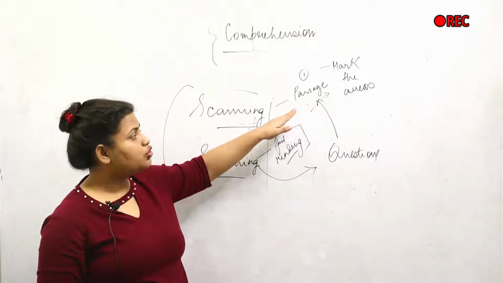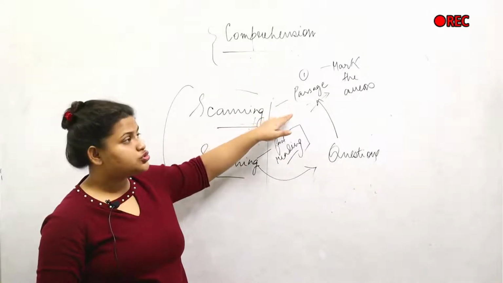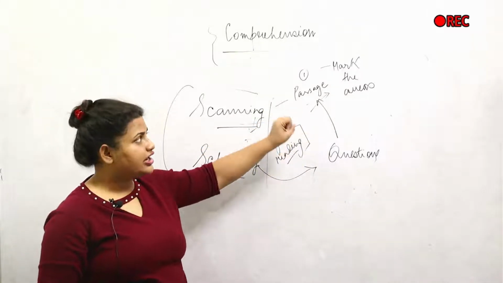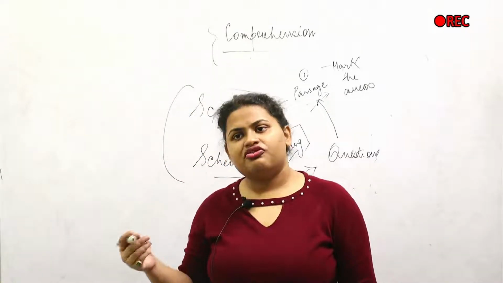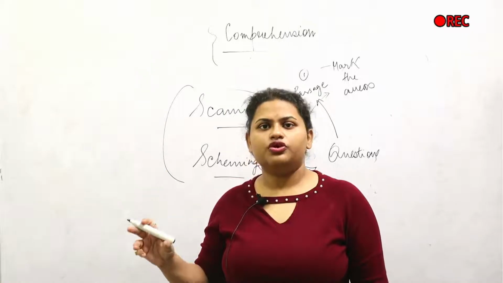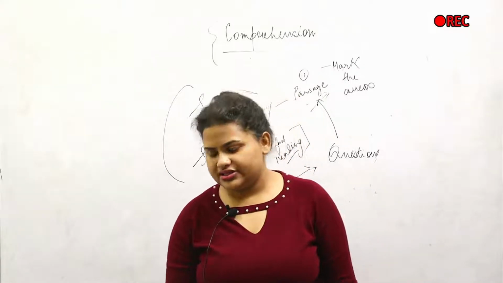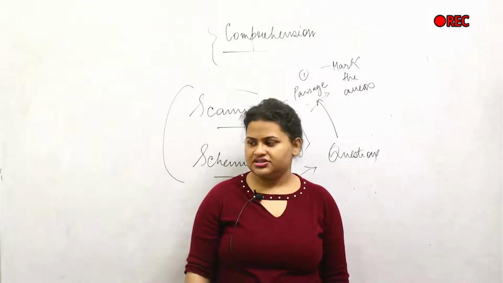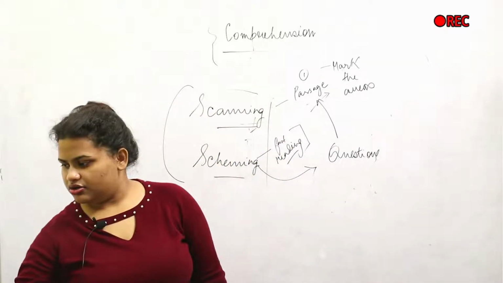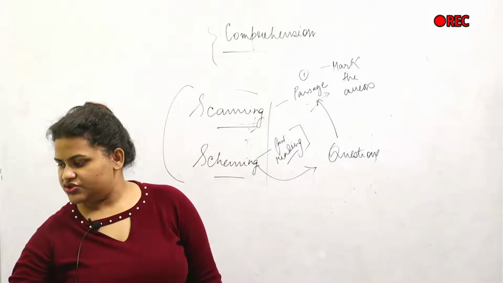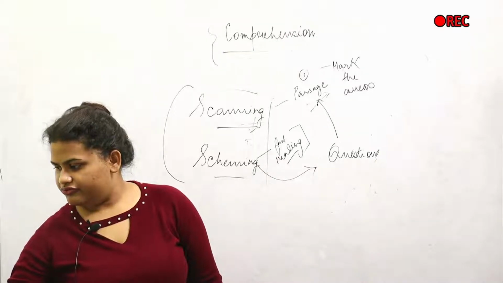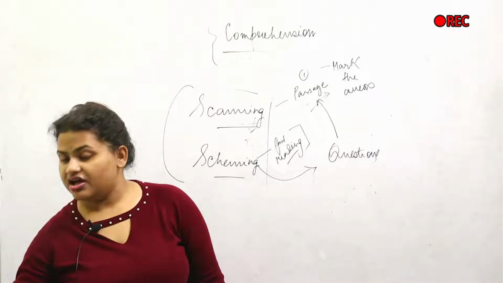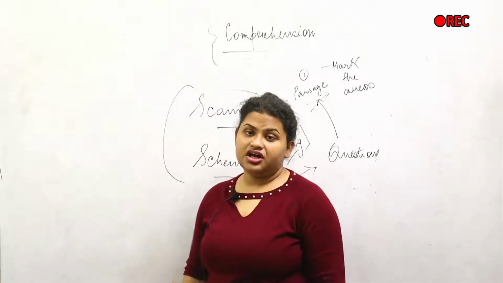So this way you can go from one question to another. Maybe there are 5 questions or 10 questions. Roughly, as I have told you, mark the areas from where you have to answer them, and once you have marked them, you can go and try answering them one after the other.